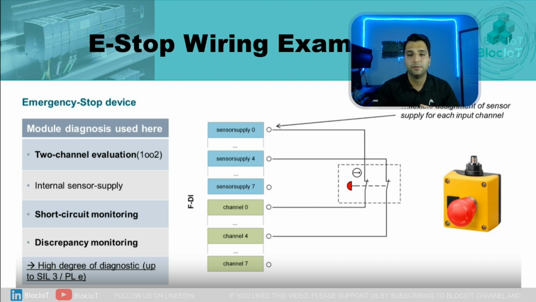You supply the voltage on one side and you read the voltage on the other side in one of the channels, let's call it channel 0. And on the other side, in the second input in the pair, you supply a voltage and you read the feedback or the signal on channel number 4, or the other input in that pair.